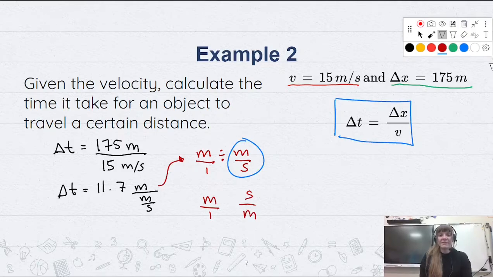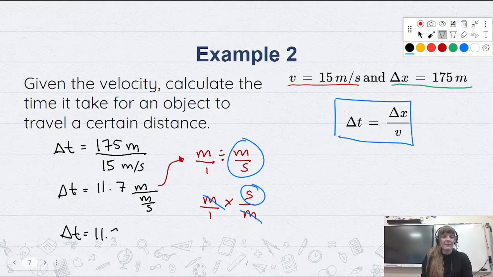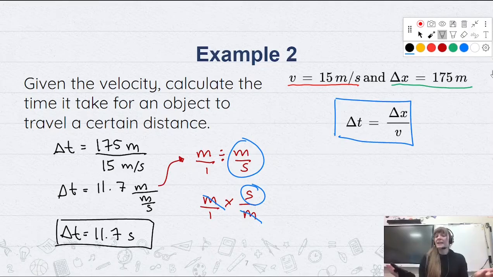Once I've taken my reciprocal, I'm going to change my division to a times. And then I'm going to see that my meters will actually cancel out. And then I'm just left with seconds. So my time is 11.7 seconds. And that's how you manipulate your units.